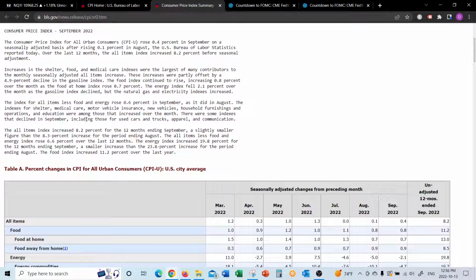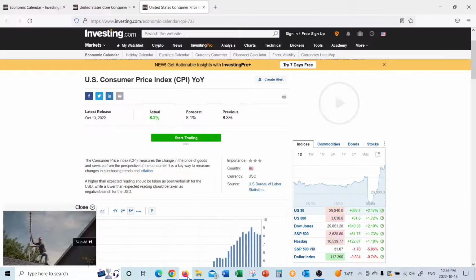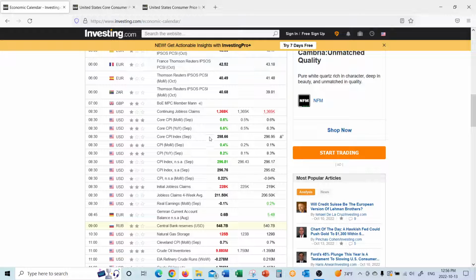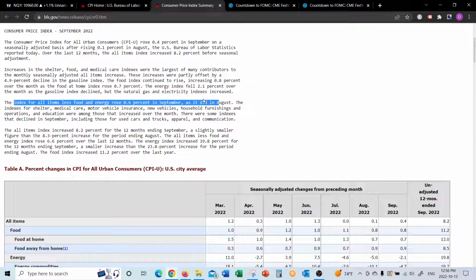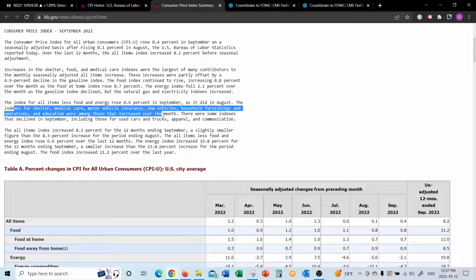So as expected, the index for all items less food and energy, so this is now the core number that we're talking about, rose 0.6% in September as it did in August, right? So we see the month over month number, 0.6%. And going back, the indexes for shelter, medical care, motor vehicle insurance, new vehicles, household furnishings and operations, and education were among the increases over the month.